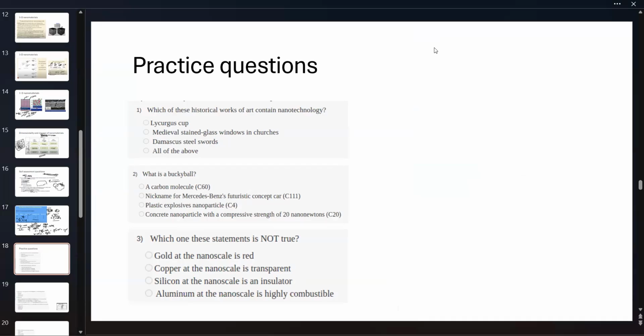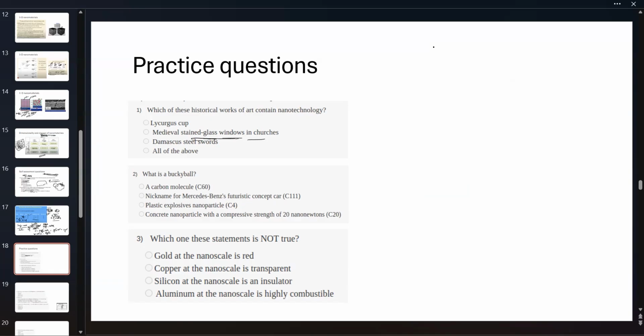Some practice questions. Which of these historical works contain nanotechnology? So you already saw the Lycurgus cup, which has nano gold particles, giving it different colors under different illumination. The stained glass windows in the churches, again, we saw that they have nanoparticles of different metals, which give them different colors.